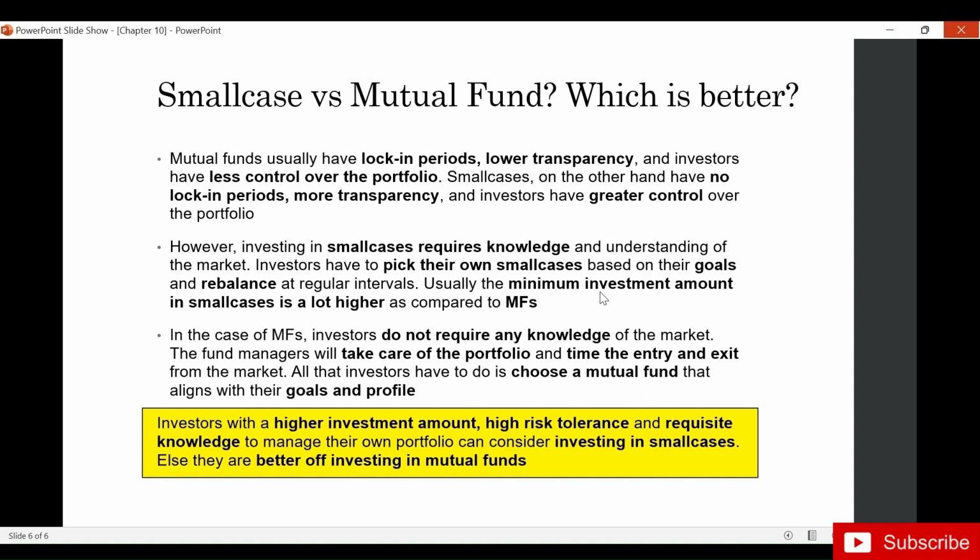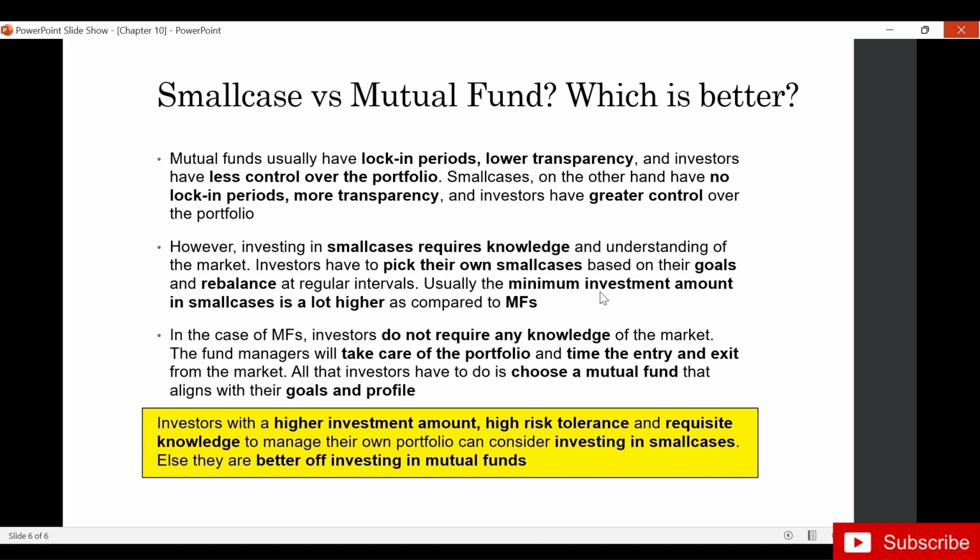But another point to consider here is that investing in small cases requires knowledge of the stock market. Also, investors in small cases need to pick their own small case based on their goals and also rebalance them at regular intervals. Also, the investment amount in case of small cases is usually a lot higher as compared to mutual funds.